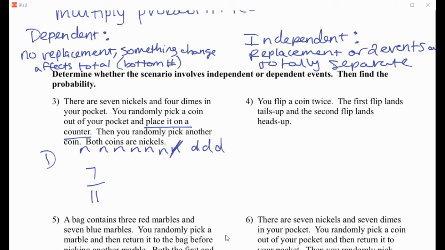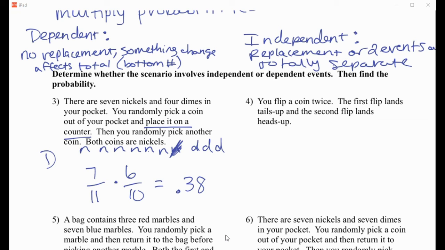You take one of the nickels away because it's on the counter now. It's no longer in your pocket. So now the chance of getting a nickel is 6 out of 10. That's why dependent matters. If it was independent, it'd be the same thing both times. But for dependent, it matters. So you would just do 7 divided by 11 times 6 divided by 10, and you would get about 0.38. So about a 38% chance.